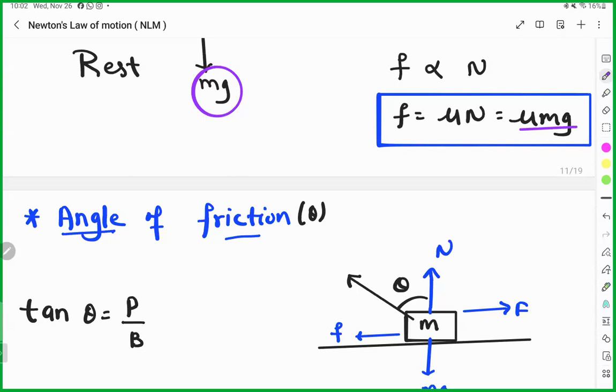You can reduce friction, but you can't make it zero. When you read about friction for the very first time, you must have heard this statement: friction is the necessary evil. कि नुकसान तो करती है हमारा, but है बहुत important. It does damage, but it's important.